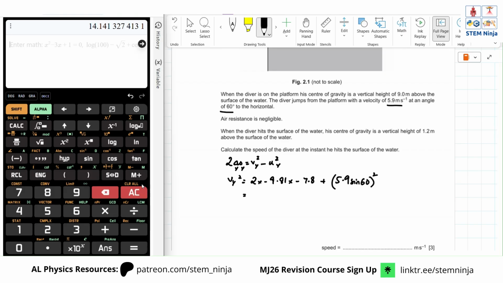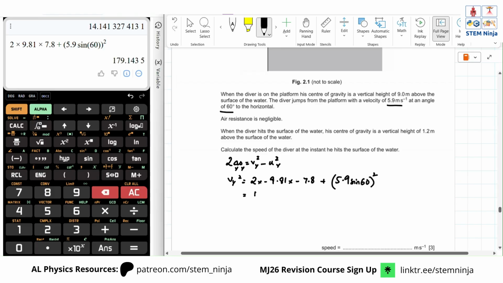So this would be 2 times 9.81 times 7.8 plus (5.9 sin 60) squared.